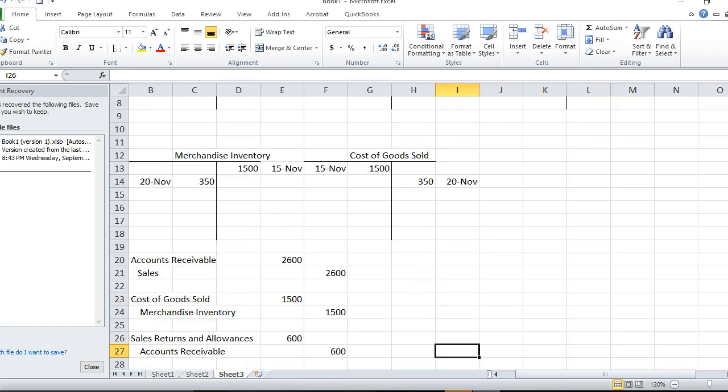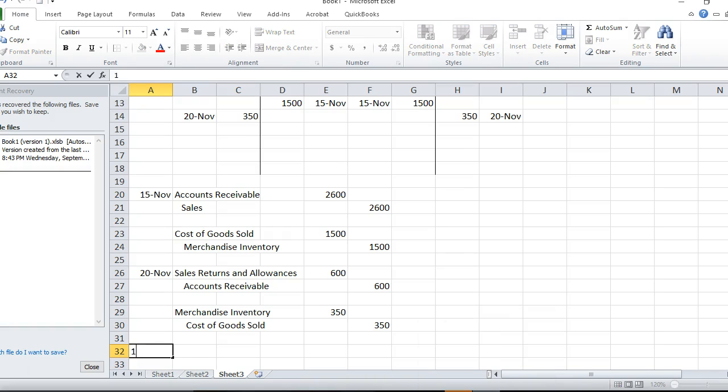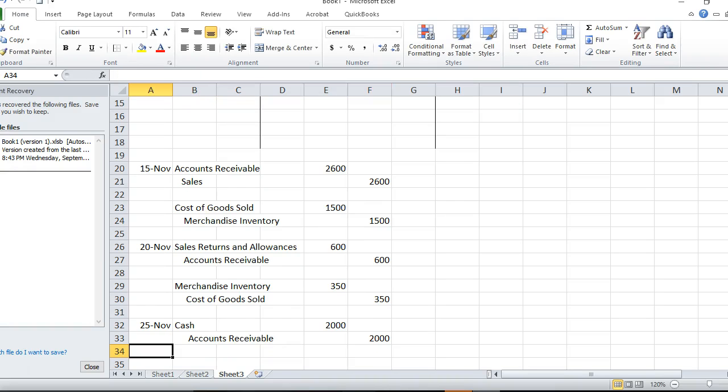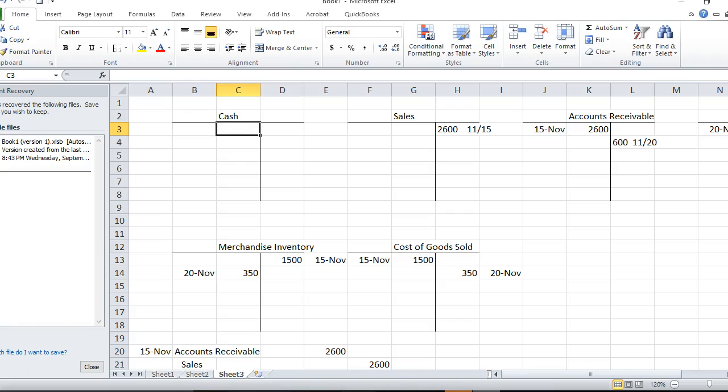So let's think of this journal entry. On November 25th, we received cash of $2,000. And does he owe us any more? No. Accounts receivable gets credited $2,000, doesn't it? So we go up here and we show cash $2,000 on November 25th.